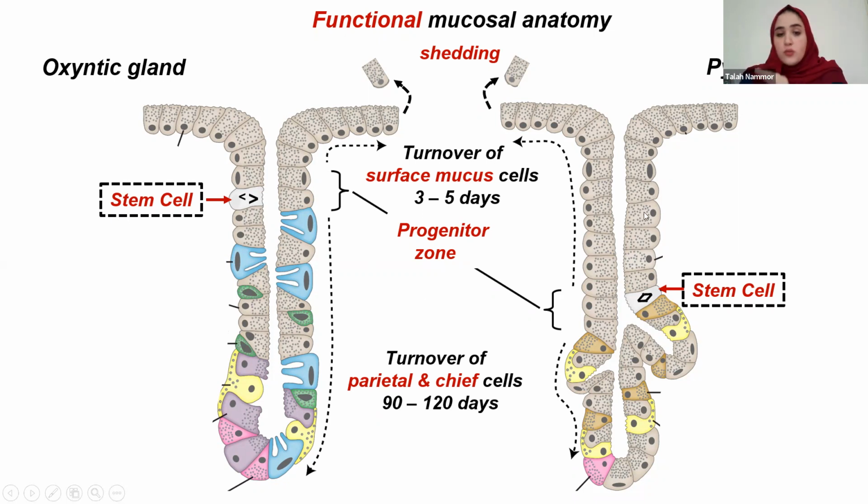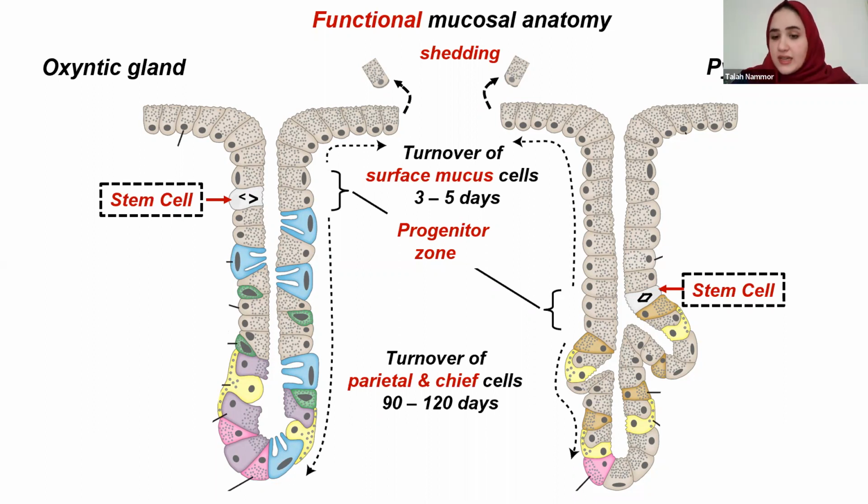The pyloric gland will not contain those cells that produce the gastric acid. Why? Because it is responsible for the production of gastrin, so it's going to contain cells that produce gastrin. We're going to explain those cells in the next slide.